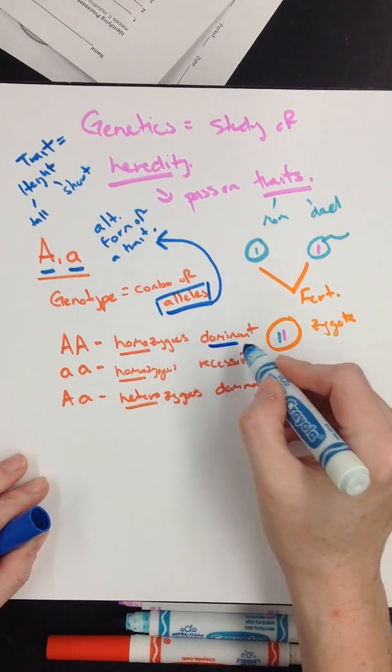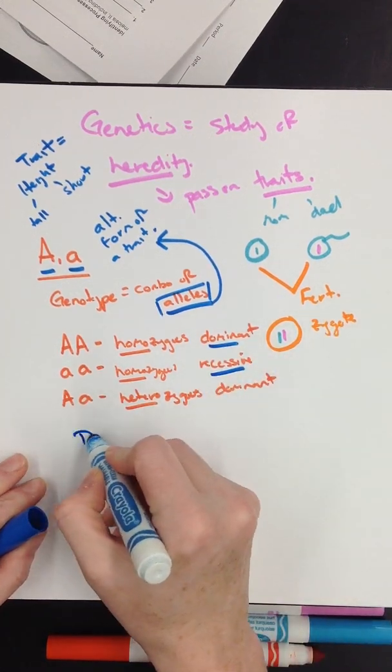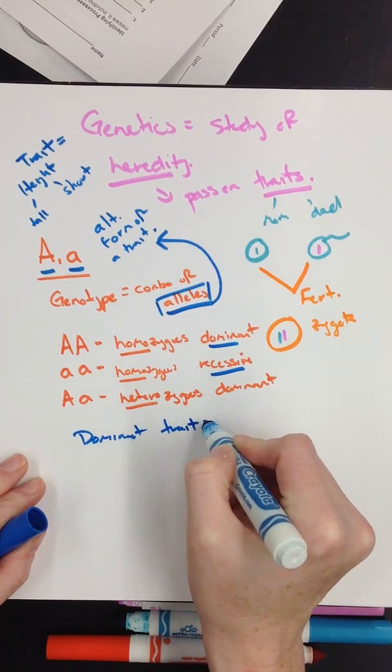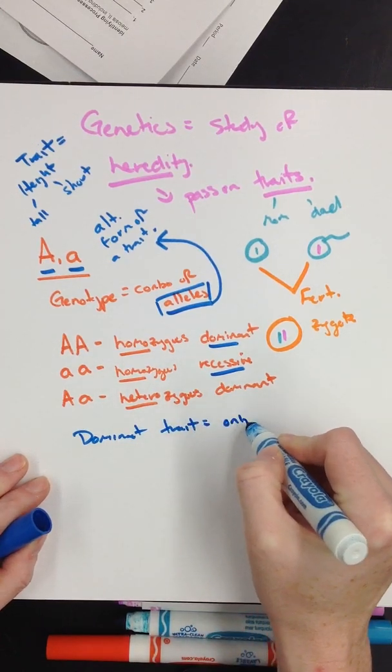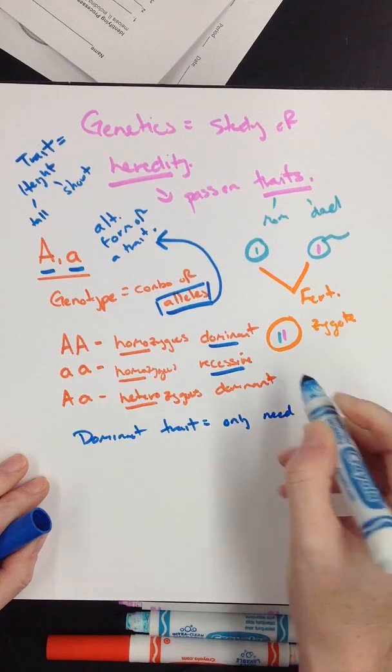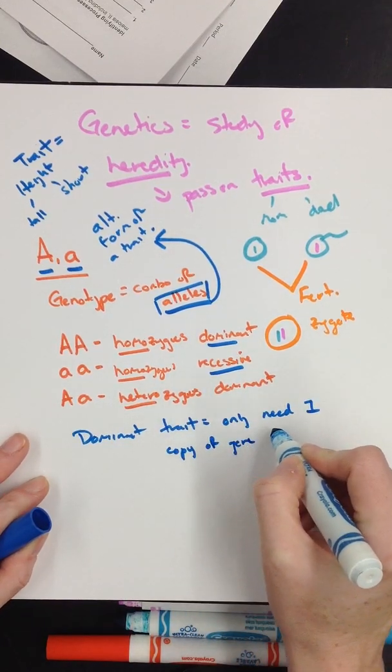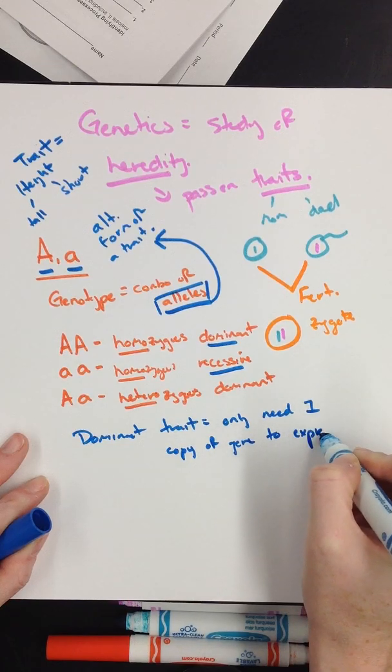So now, when we come over here to dominant and recessive, if it's a dominant trait, that means I only need one copy of the gene to express it.